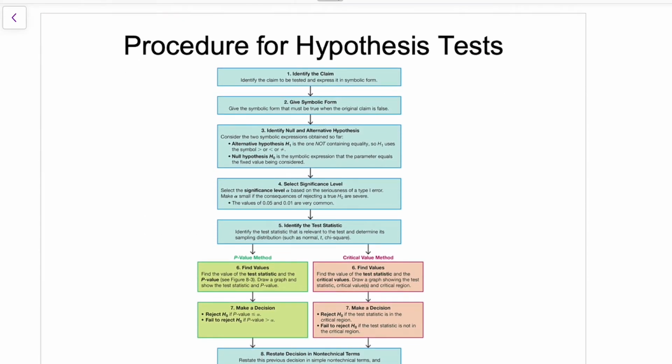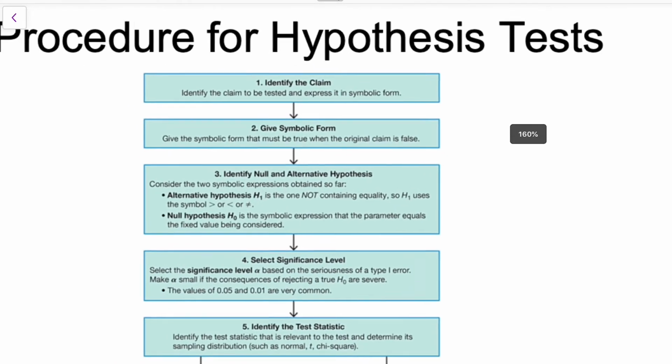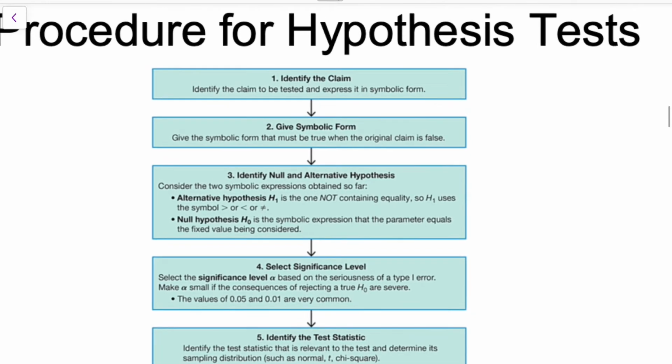Here is the procedure for hypothesis testing. And I know it looks a little confusing, so let's go through it piece by piece. The first thing we must do is identify the claim. I need to know what my original claim is. Then we need to determine the symbolic form.